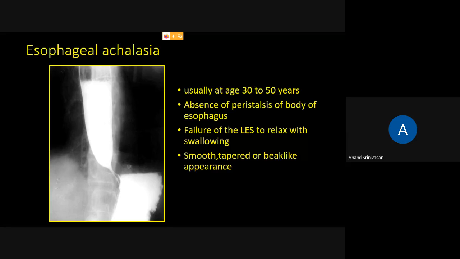Achalasia cardia is the failure of the lower esophageal sphincter to relax, so the lower esophageal sphincter fails to open. There is a smooth, tapered, beak-like appearance on the barium swallow.